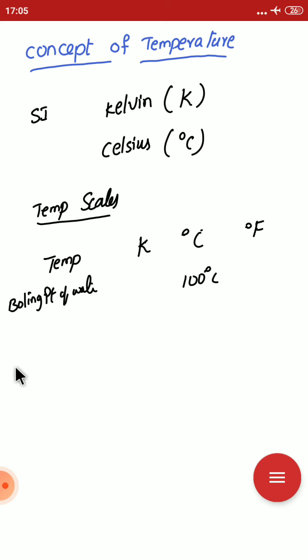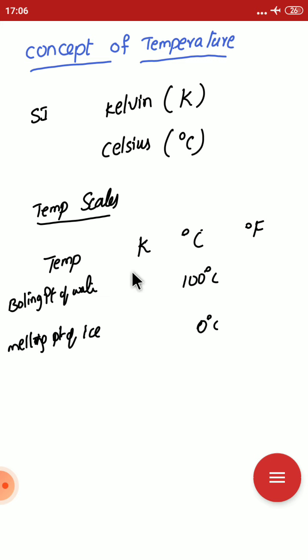The melting point of ice is 0 degrees; at 0 degrees onwards, ice will start melting.